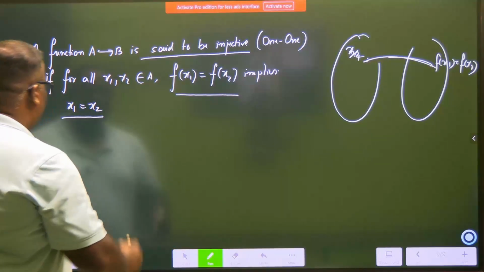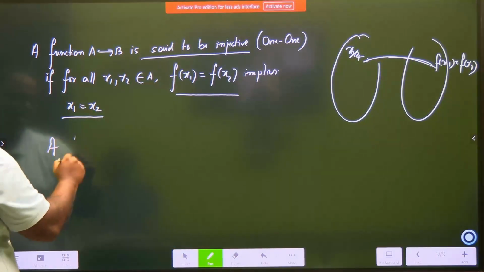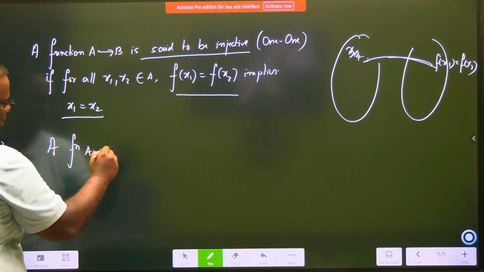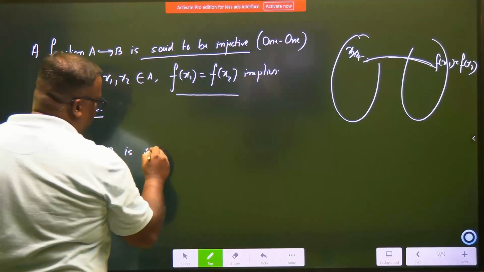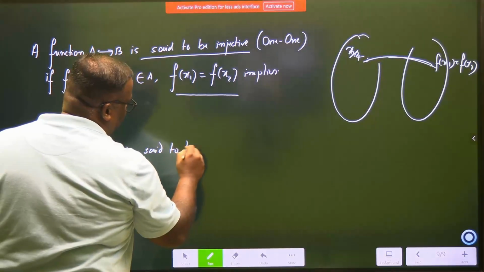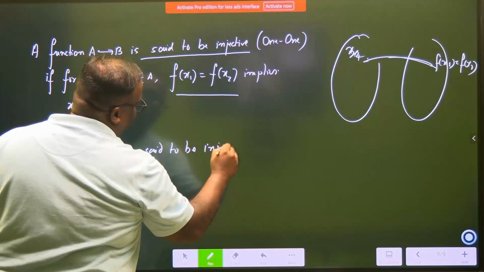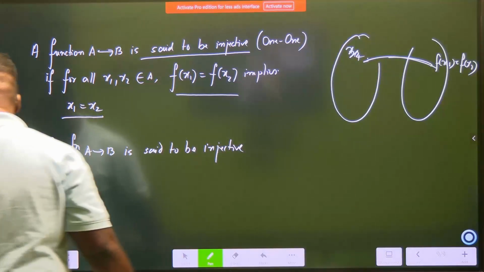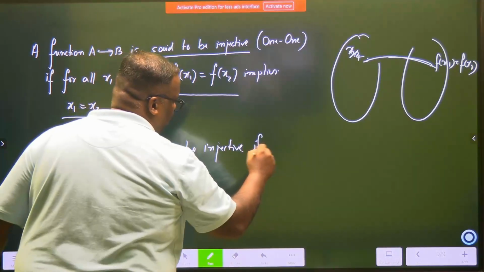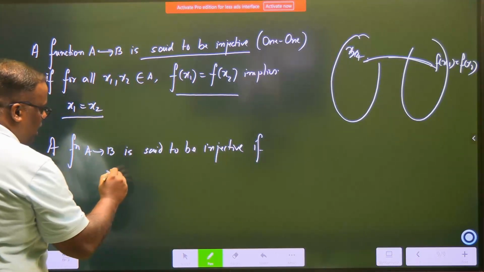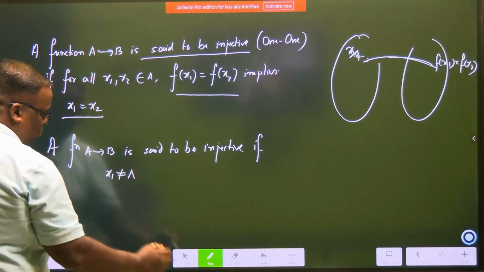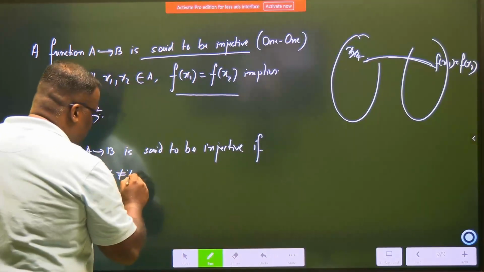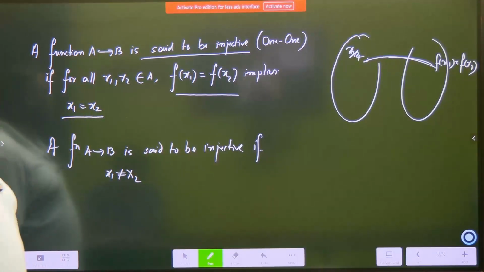The contrapositive definition says a function from A to B is said to be injective if x1 not equal to x2. Now see, now we are straight away saying x1 is not equal to x2.